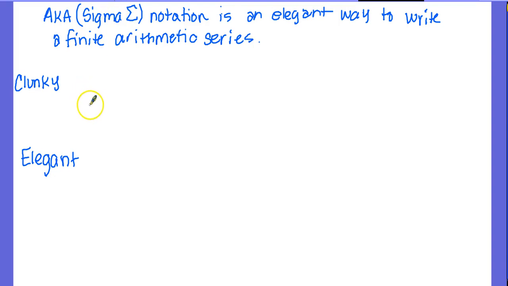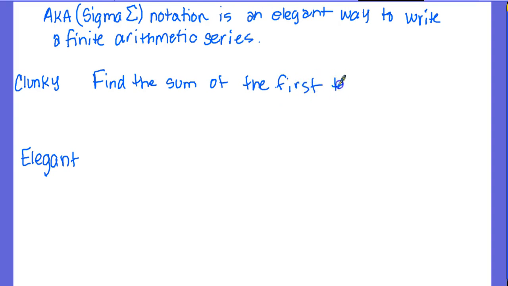It'll say something like, find the sum of the first 10 terms for the rule n. A really elementary way to approach a finite summation or a finite series.